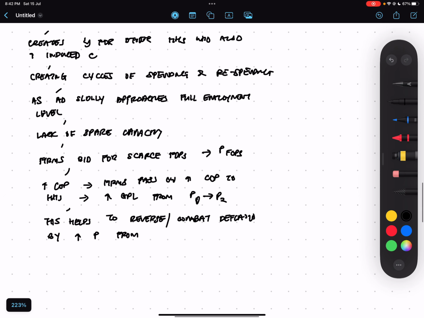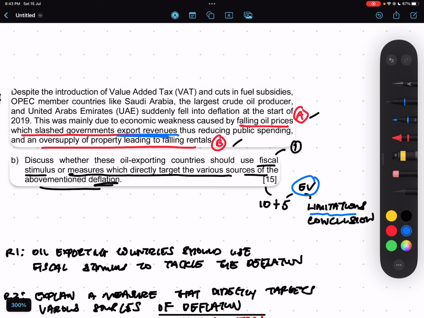The extract did mention that there is falling export revenue. It's a bit complex the way it works, because in Saudi Arabia, the government is the one that owns the oil companies. So when there are falling export revenues, consequently there will also be worsening budgets. So government revenue falling will cause a reduction in public spending.